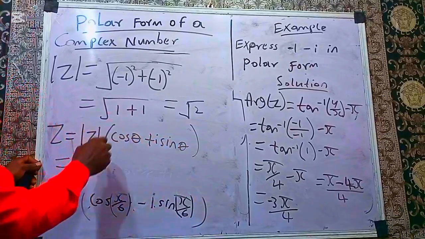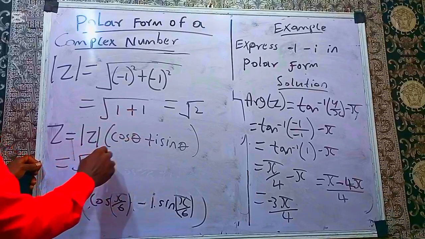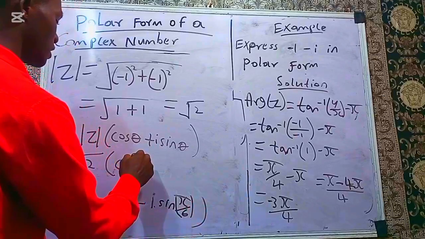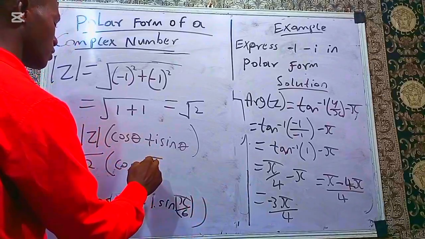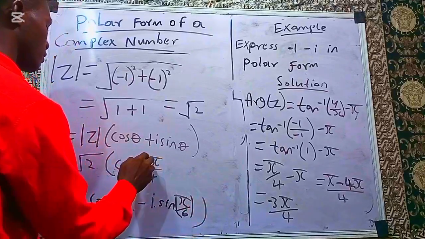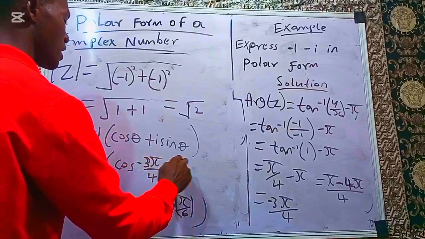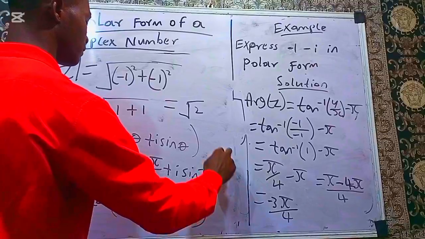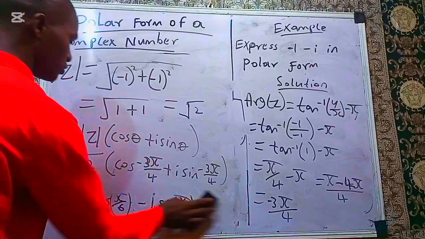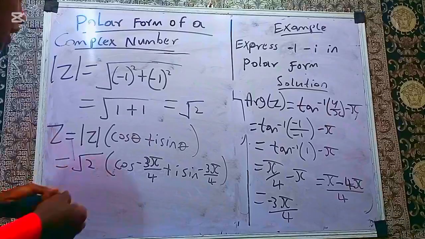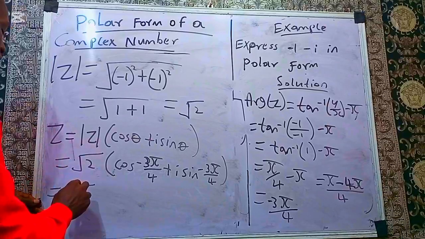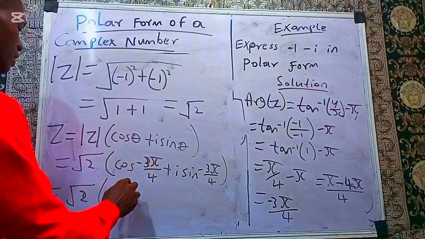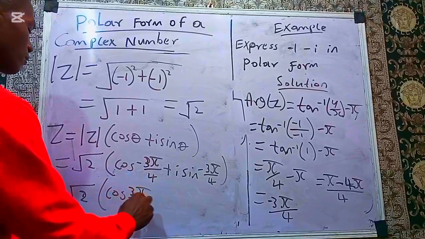And this will be equal to the modulus of z, which gave us the square root of 2, into cosine, what is our theta? The principal argument, -3 pi over 4, plus i sine -3 pi over 4. But I told you in our previous solving that cosine of a negative angle is the same as cosine of the positive. So cosine -3 pi over 4 is the same as cosine 3 pi over 4.